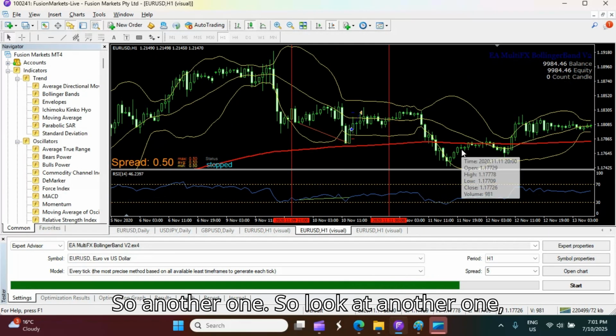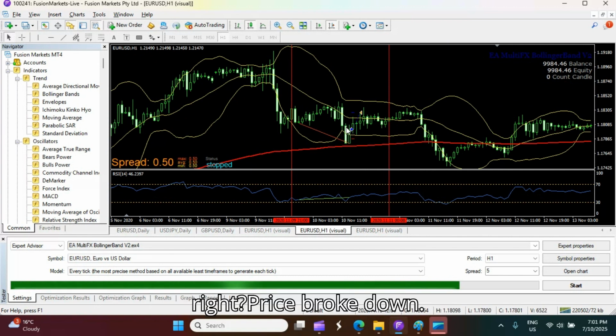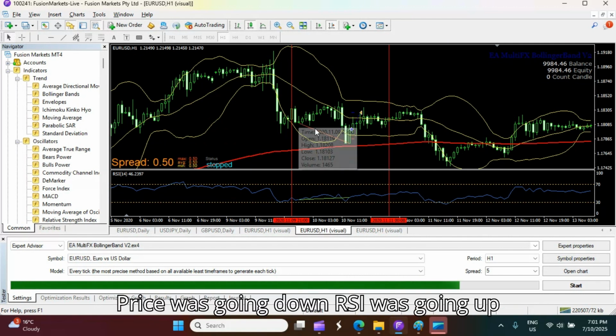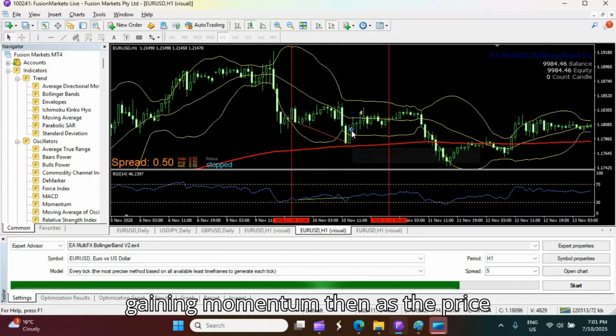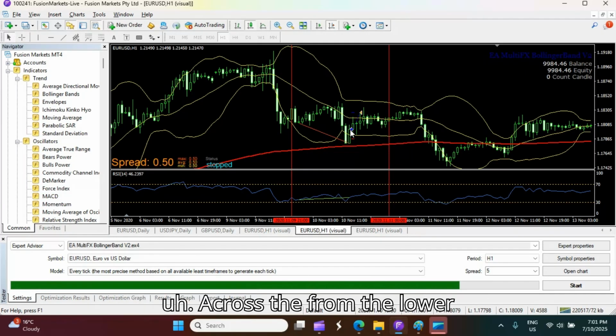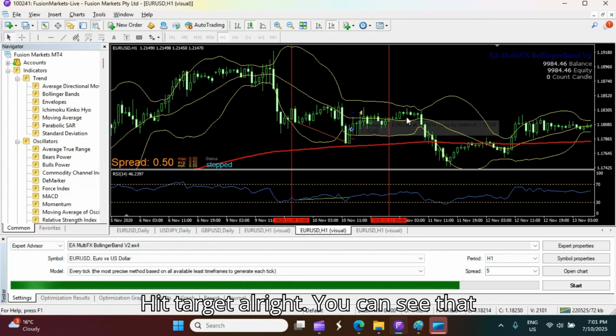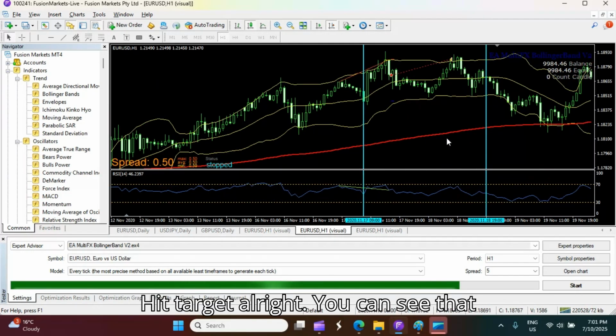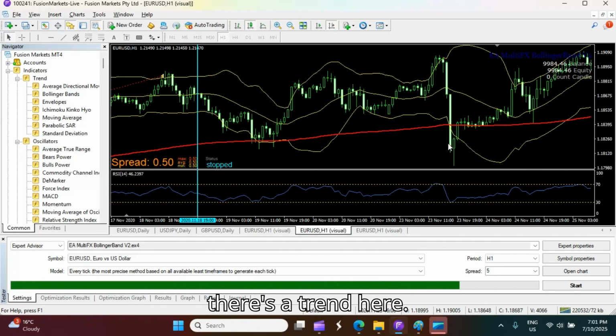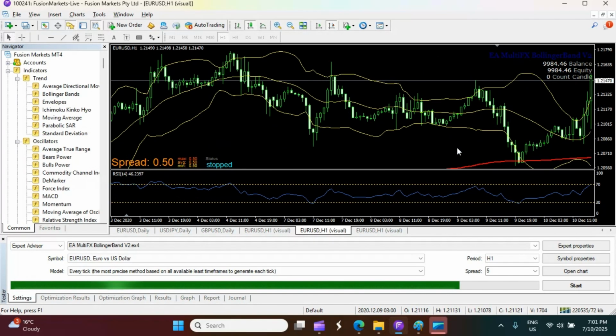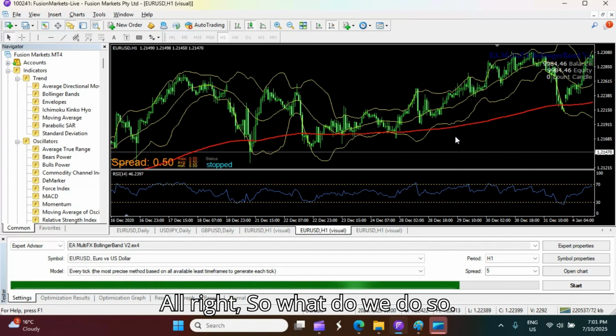So look at another one. Price broke down, price was going down, RSI was going up, gaining momentum. Then as the price crossed from the lower band on the way up, it hit target. You can see that there's a trend here. So what do we do?